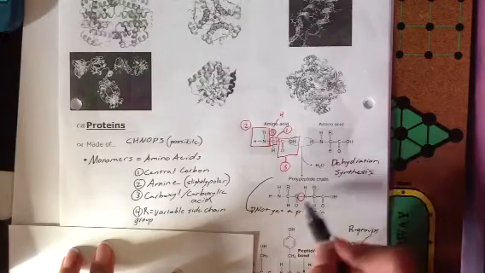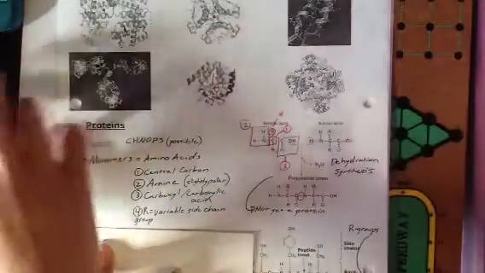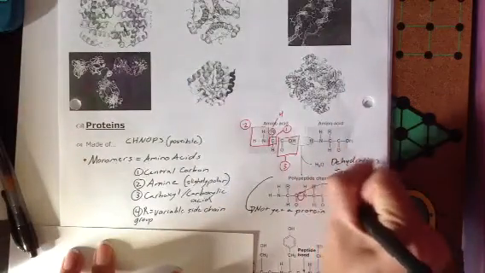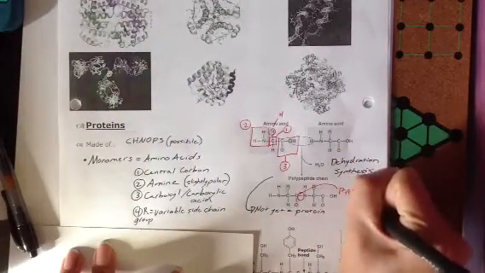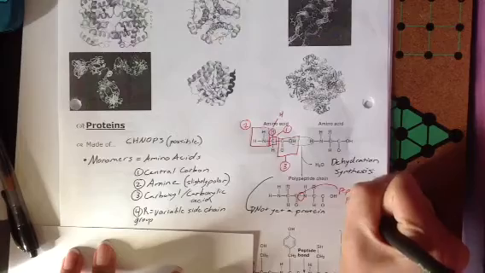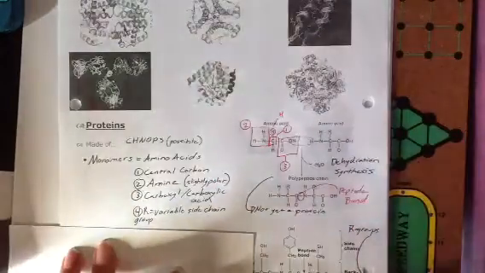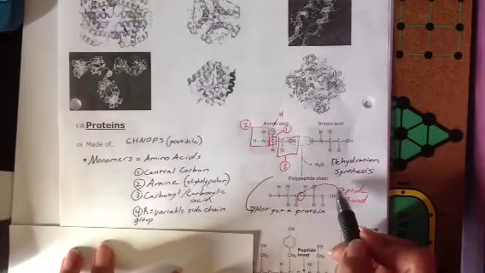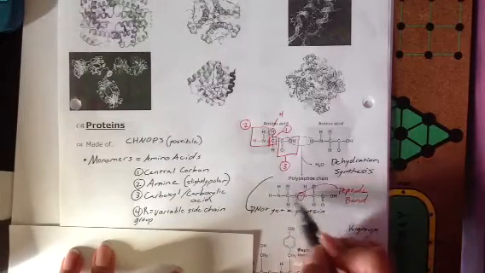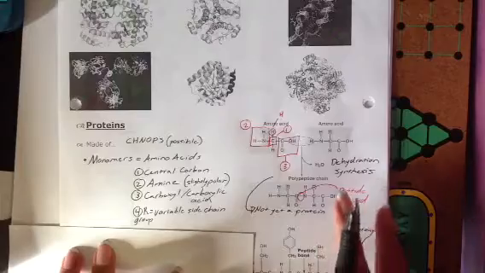Water will be released, and will actually end up creating a peptide bond between the 2 amino acids. And so that's why you get the term polypeptide chain, because of this peptide bond. Okay?